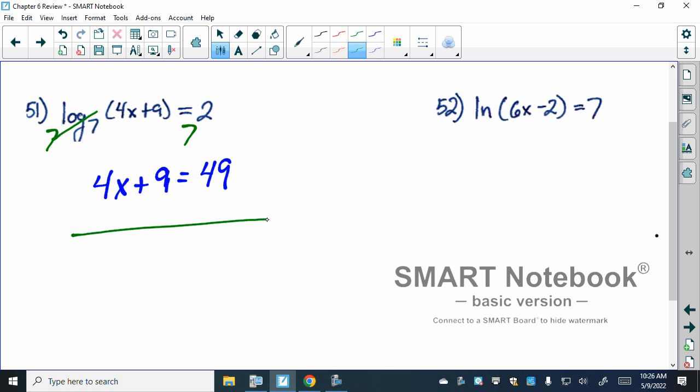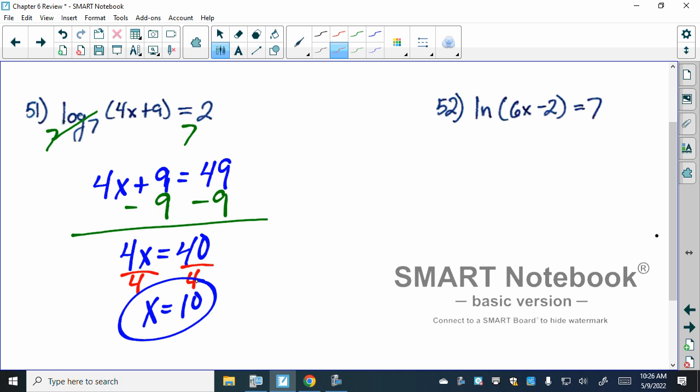So the first thing we can do is and that's it. Any questions on this here? Questions on 52?